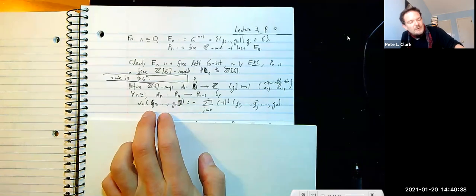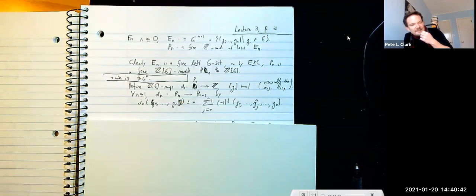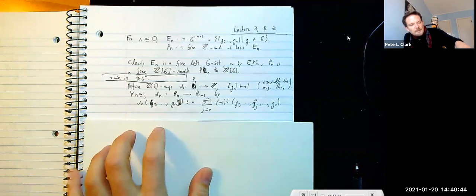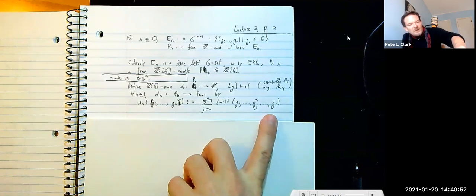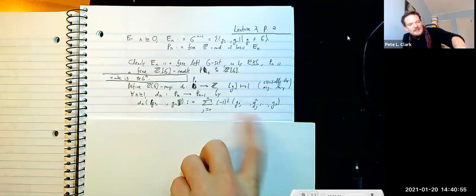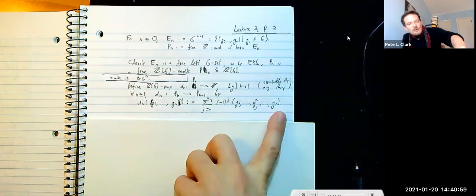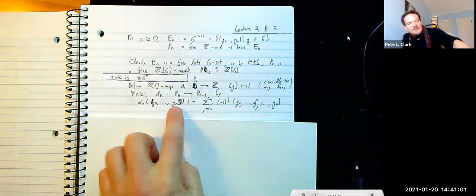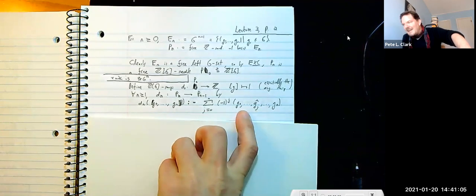So again, if I just tell you where it goes on a basis, then I'll be fine. So it takes an n+1 tuple and it sends it where? Well, it sends it to a certain Z-linear combination with coefficients plus or minus 1 of tuples of length 1 smaller. This is an n+1 tuple. It's going to send it to a bunch of different n tuples.